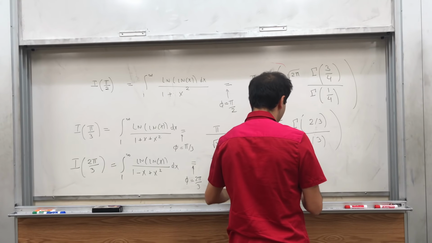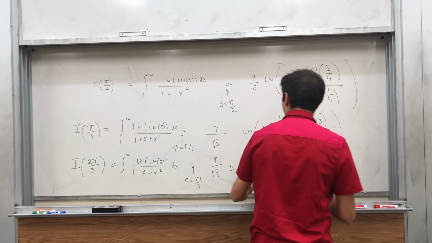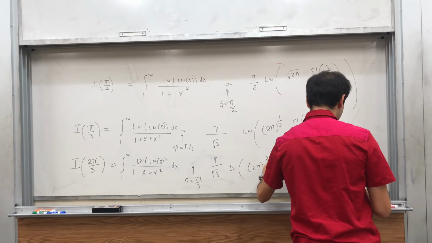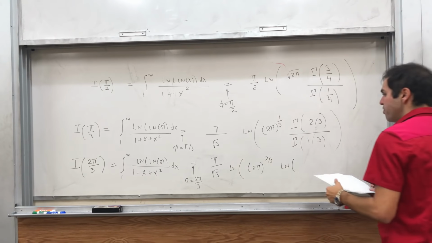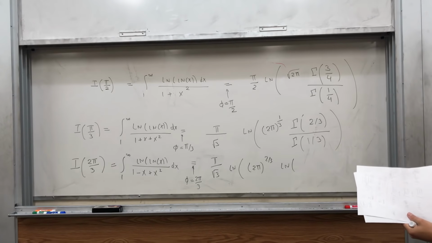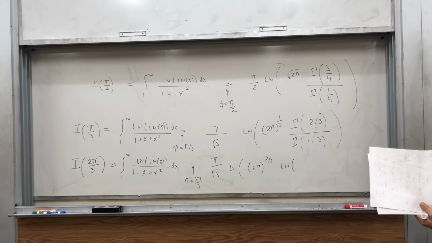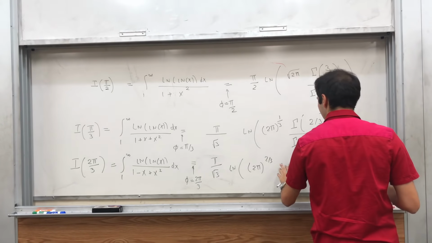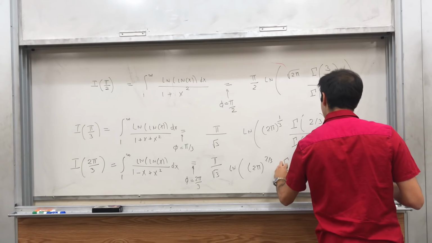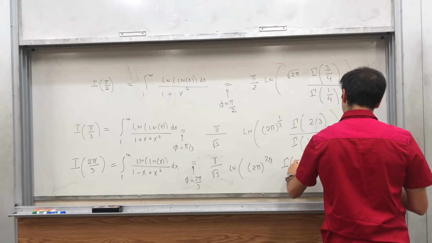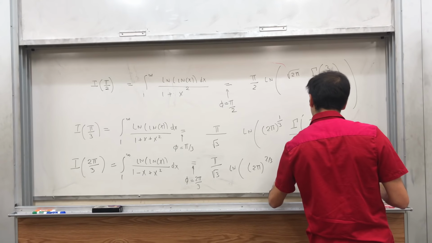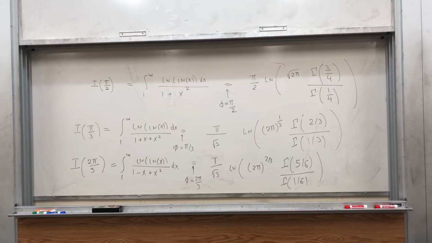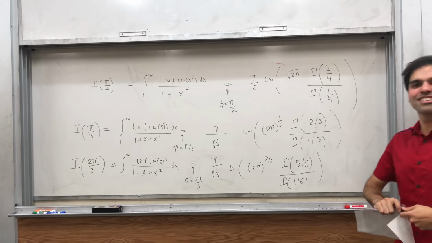And then we get ln of 2 pi to the phi over pi, which is 2/3. And then here we have the same thing. In this case, phi over 2 pi is 1/3, so it's gamma of 1/2 plus 1/3, which is 5/6, and then 1/2 minus 1/3, which is 1/6. We'll still have this, and this officially ends the marathon.